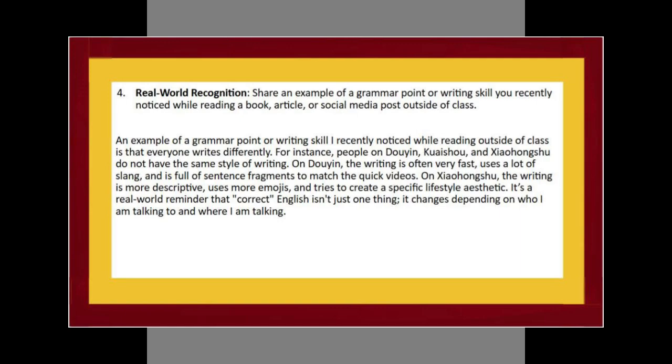On Xiaohongshu, the writing is more descriptive, uses more emojis, and tries to create a specific lifestyle aesthetic. It's a real world reminder that correct English isn't just one thing, it changes depending on who I am talking to and where I am talking.